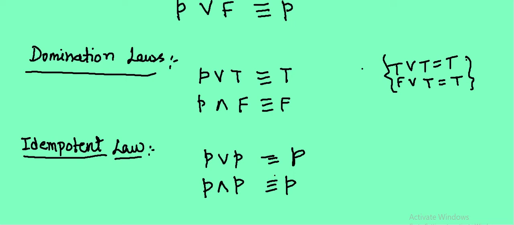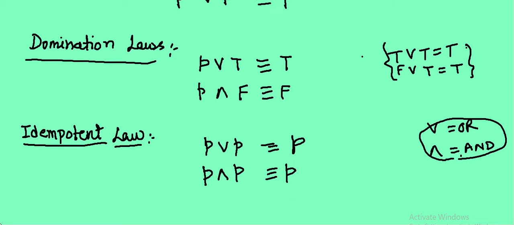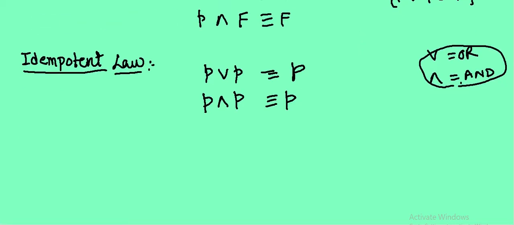I'm saying OR because in digital electronics this disjunction denotes the OR gate, and this conjunction denotes the AND gate. Here we have true and false, and in electronics they have 0 and 1. Okay.